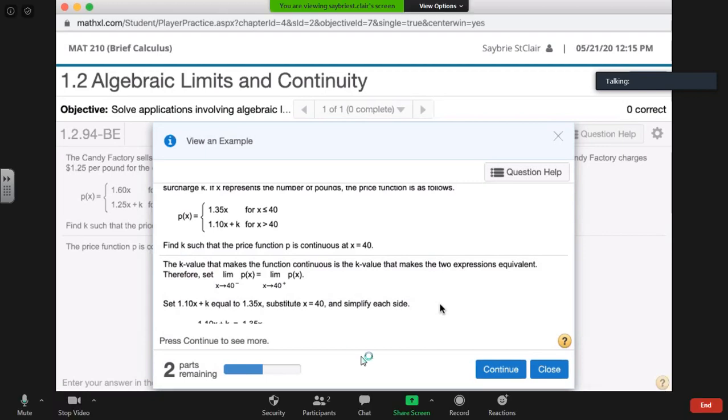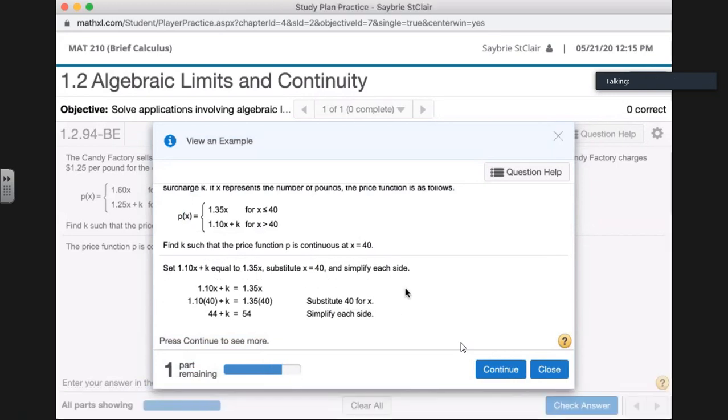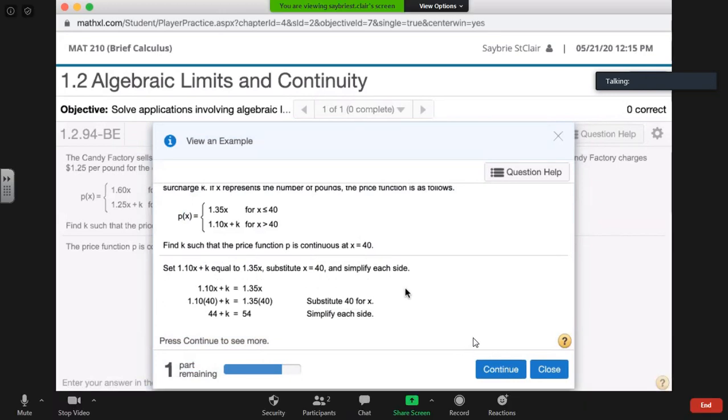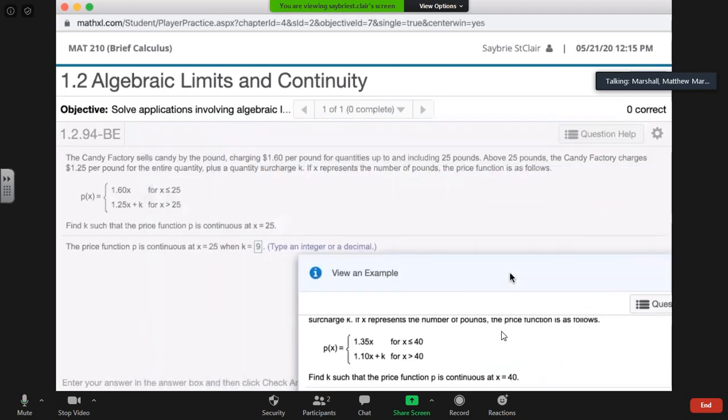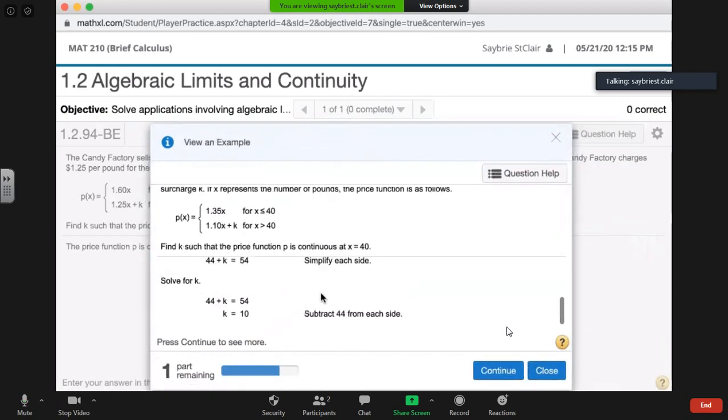Does that make sense? You get to continue if you want. So we plug that in. That's kind of like what we did. And then hit continue.